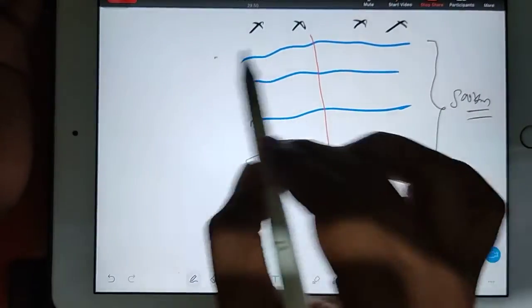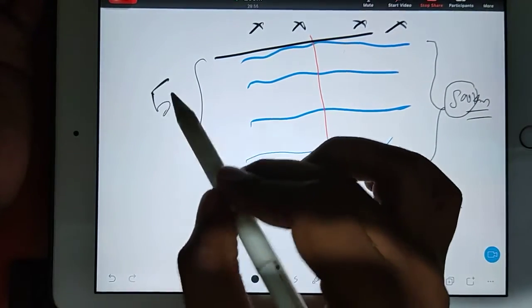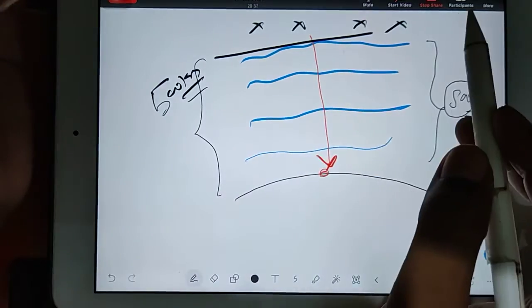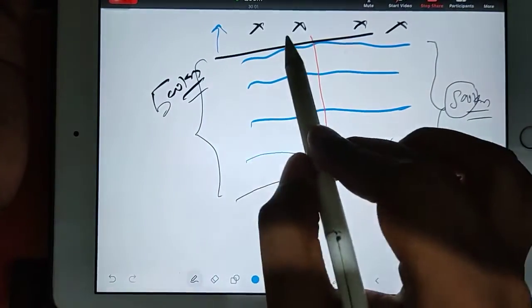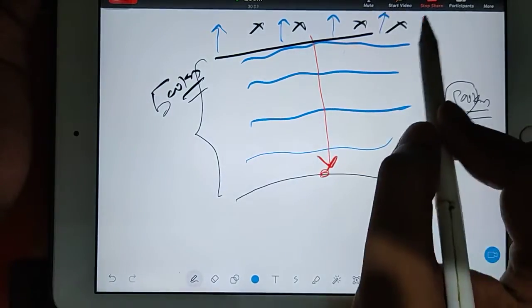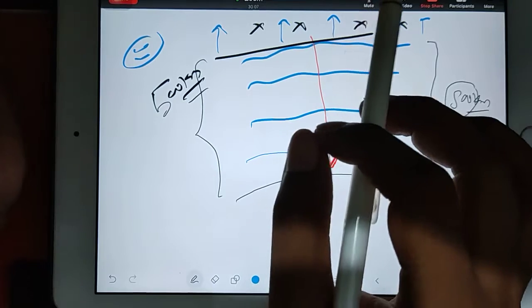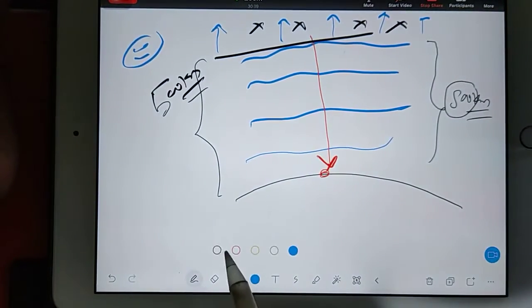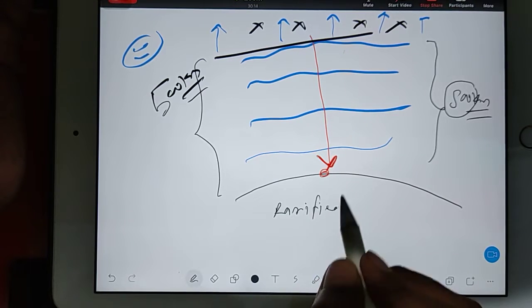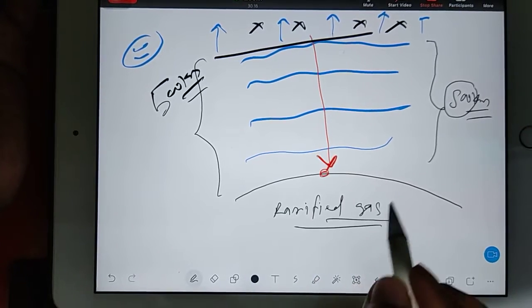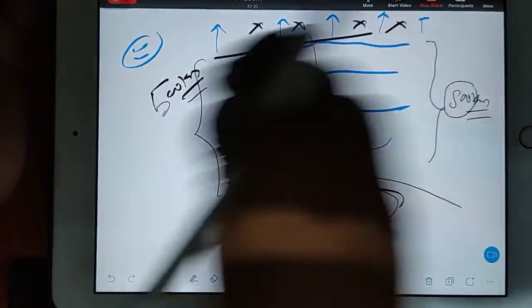Roughly we consider only till 500 kilometer we have atmosphere present. After that we say there is no atmosphere. Actually the reality is that everywhere in the universe atmosphere is present, a little bit, but that is known as rarefied gas. We don't talk about that. This is an advanced field of gas dynamics.